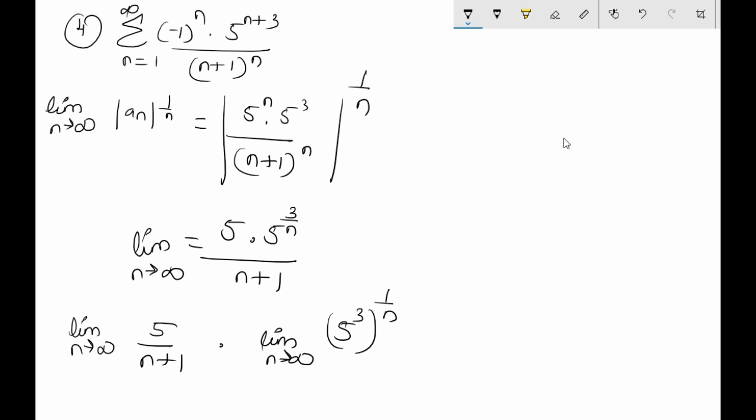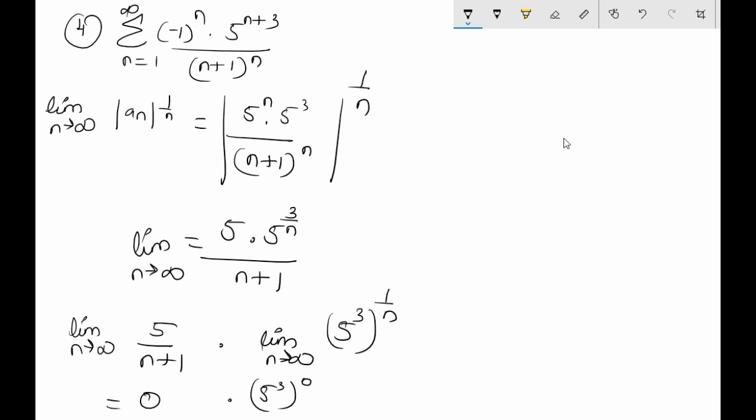Taking the limit on both sides, we'll be getting 0 here, and here we'll be left with 5 raised to 3 raised to 0. Anything raised to 0 is equal to 1.